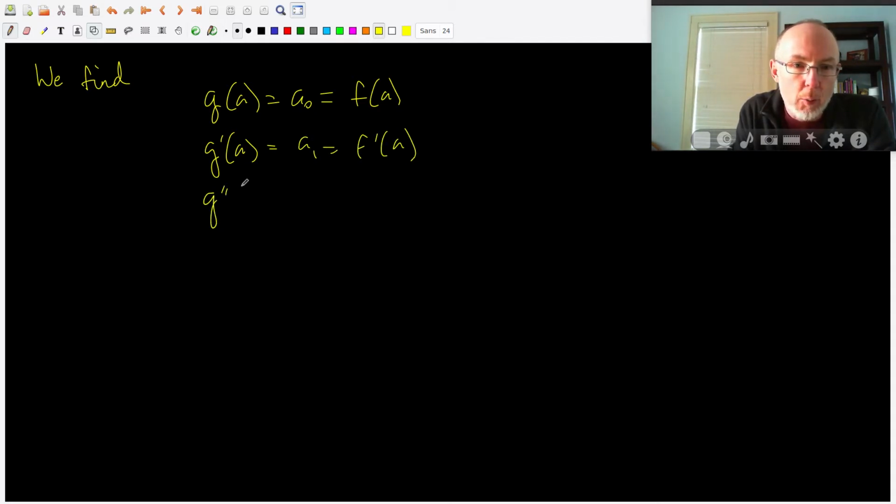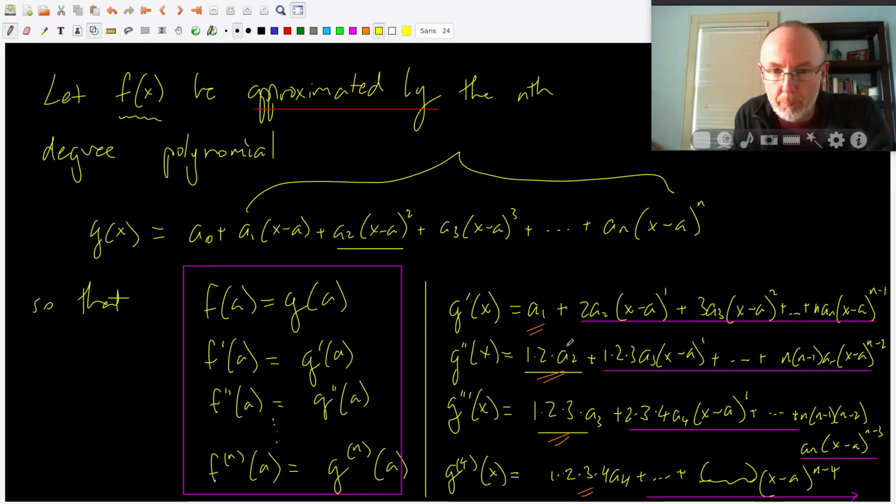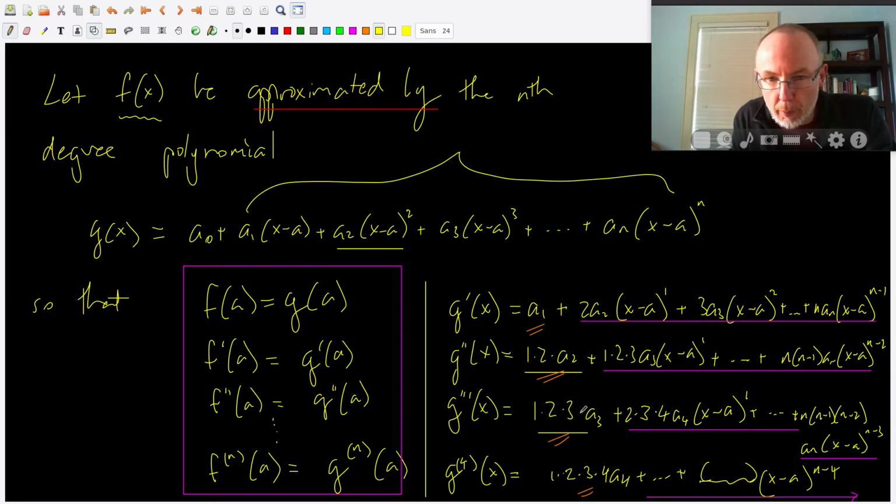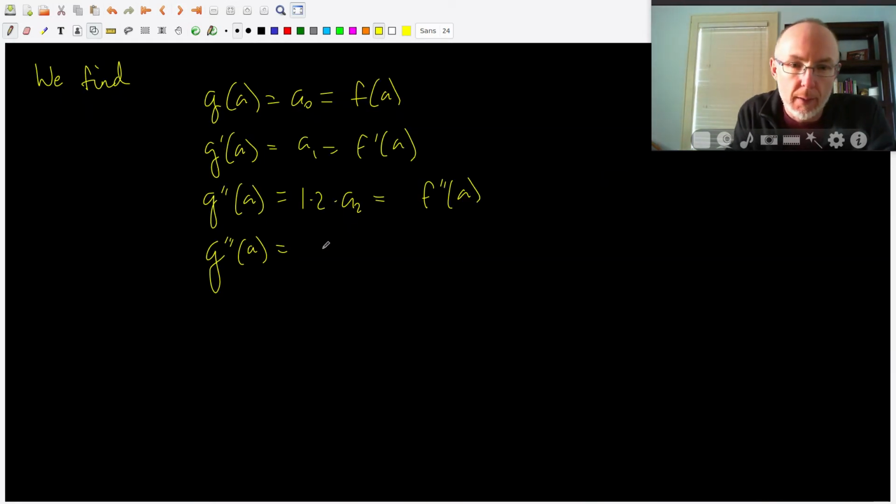And then g double prime of a is 2a2. I'm going to write it as 1 times 2 times a2, and that's got to be f double prime of a. And the third derivative is 1 times 2 times 3, a sub 3, and that's got to be the third derivative of the function f.